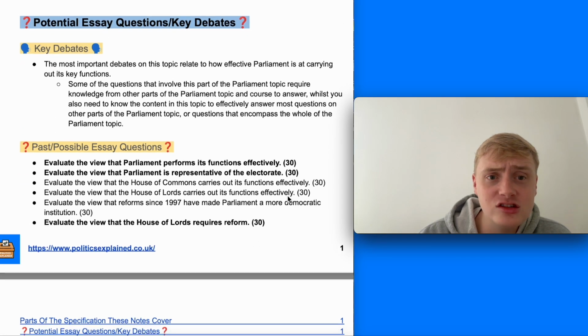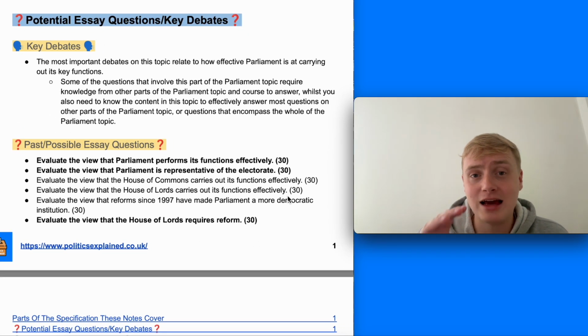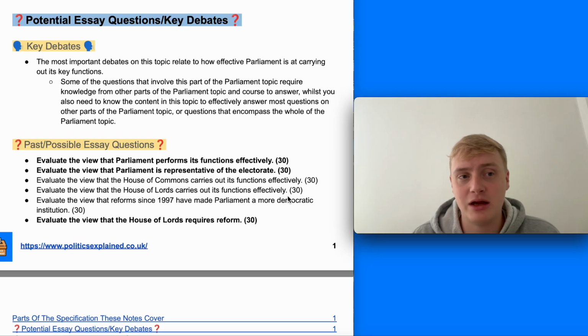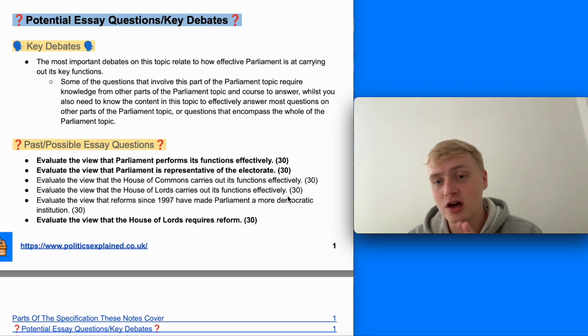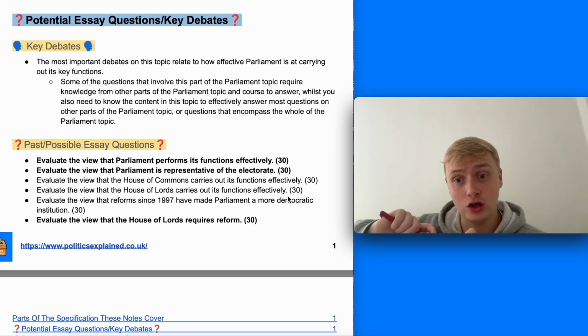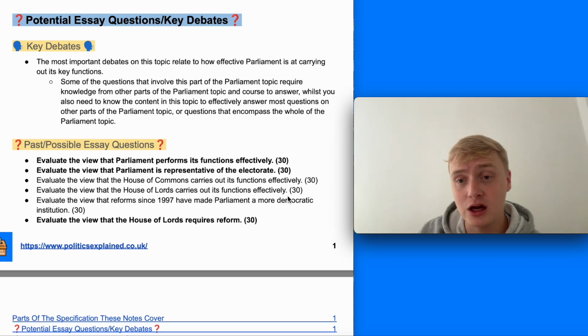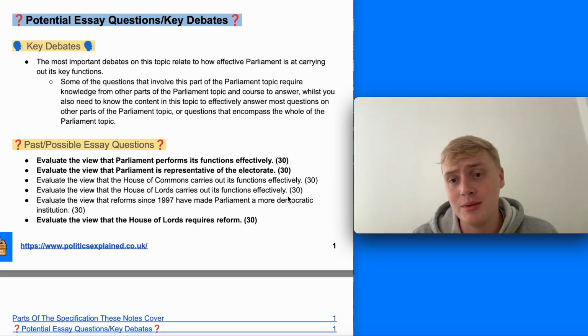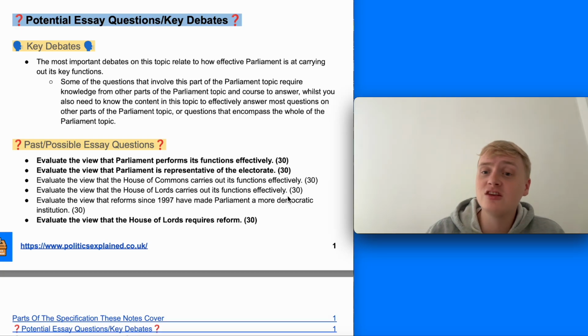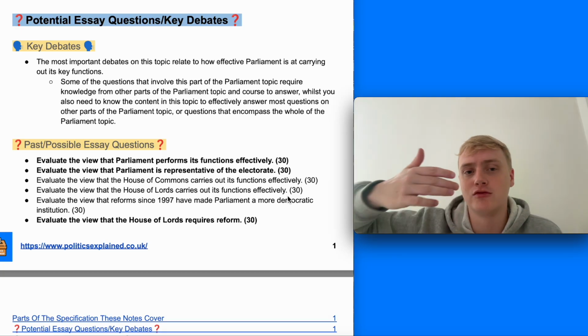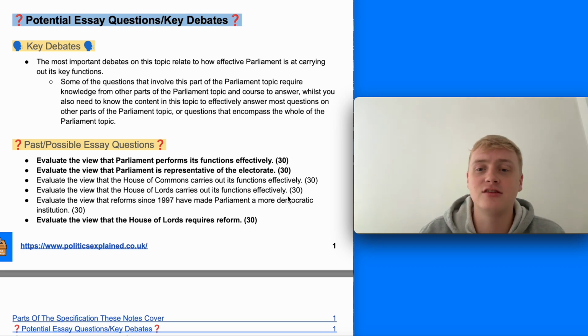The most important debates on this topic relate to how effective Parliament is at carrying out its key functions, and as I mentioned, a couple of these key functions that you're going to use in your essays, passing legislation and scrutiny of the government, are covered in much more detail in other videos. But what we're going to look at in detail in this video is Parliament's representative role near the end, and some key arguments and examples on either side.